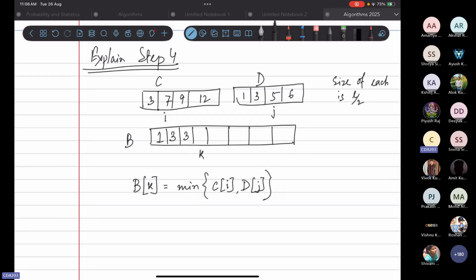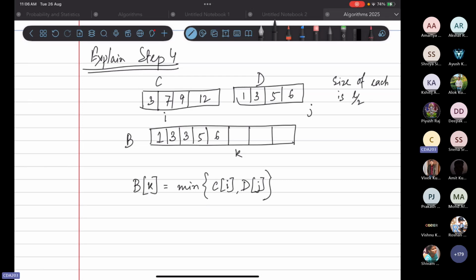In this case, this is 5, so I'll be updating this J and K. So this will be my K, this will be J. Again, minimum of CI and DJ is 6. So this has gone now. See something interesting happening here: J is now beyond L by 2.